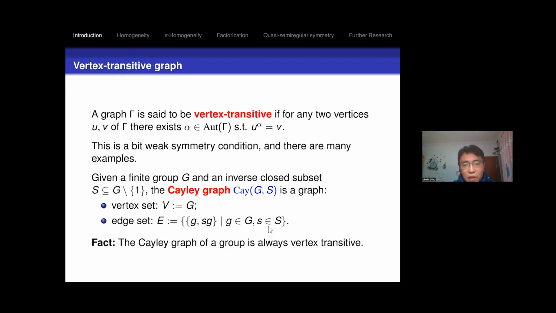Here, the little s belongs to the capital S. And it's not difficult to prove that every Cayley graph of a group is vertex transitive. So we have a large class of vertex transitive graphs.